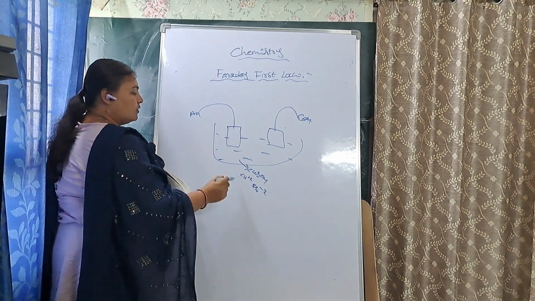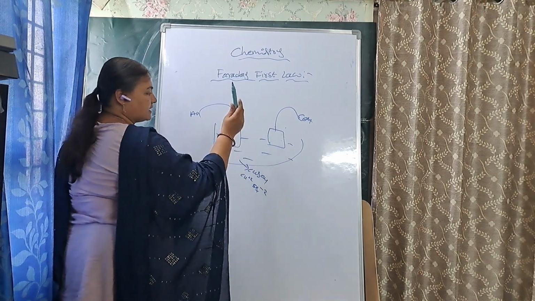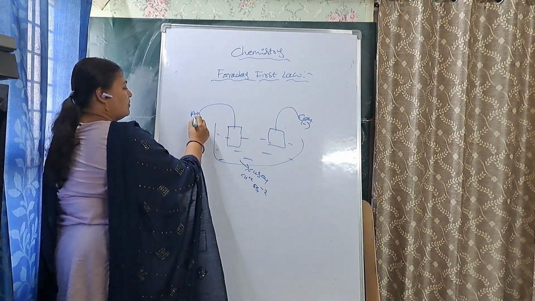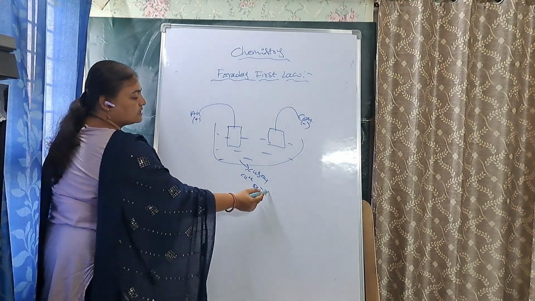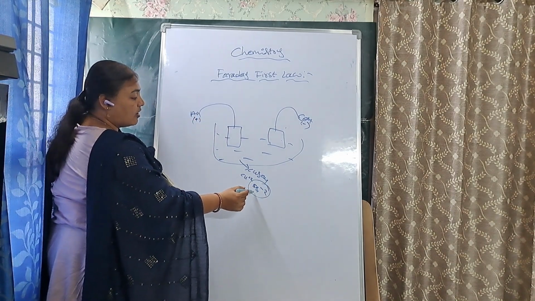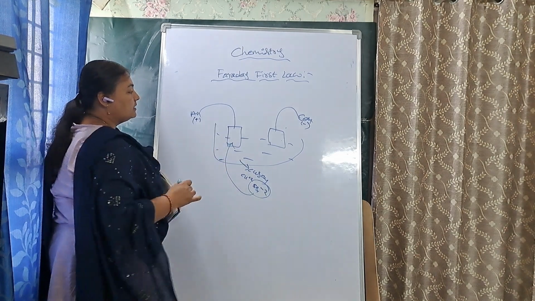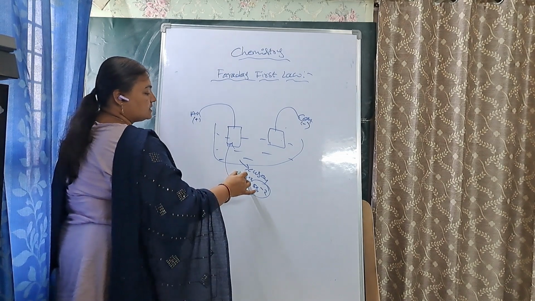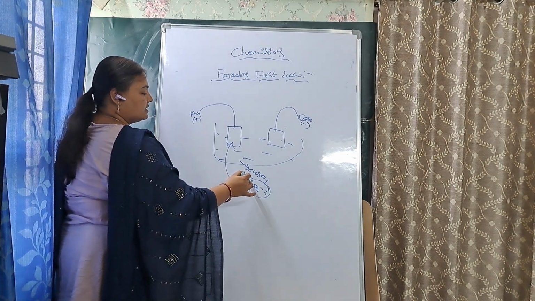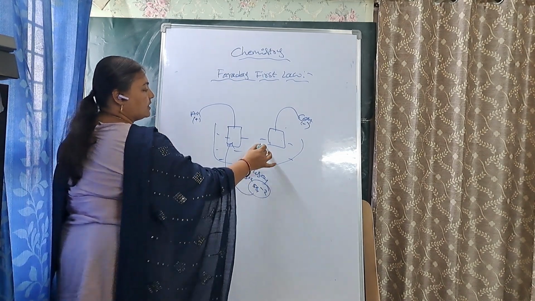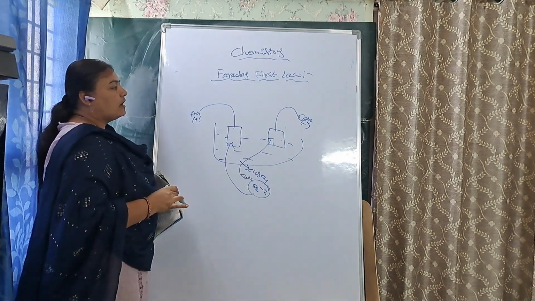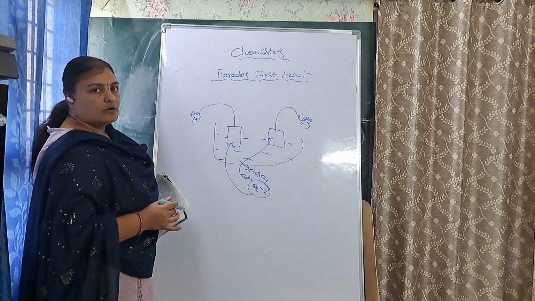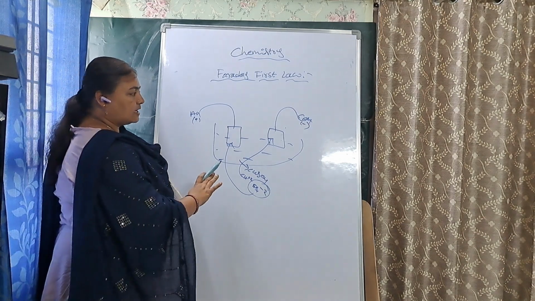As we know, opposite charges attract. Cathode means negative, anode means positive. The sulfate ions are deposited on the anode plate, and the copper ions, all the positive ions, are deposited on the negative plate, the cathode plate. So this is electrolysis.